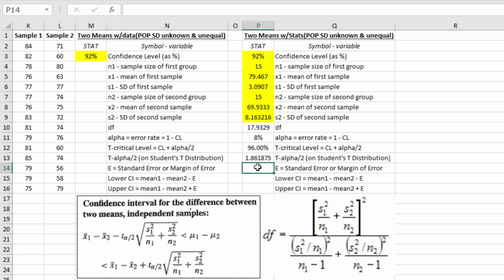So this is going to equal that T thing that we just found times the square root. And it's the square root of this stuff, right?